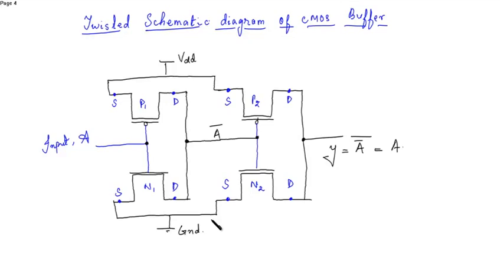Now we can see the explanation of the truth table from the schematic.